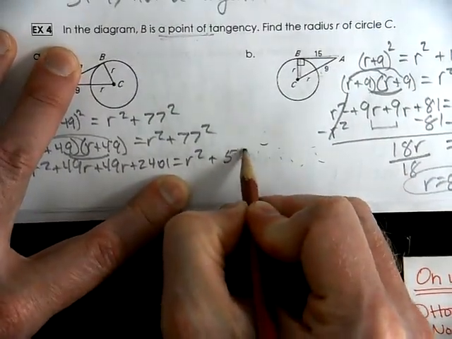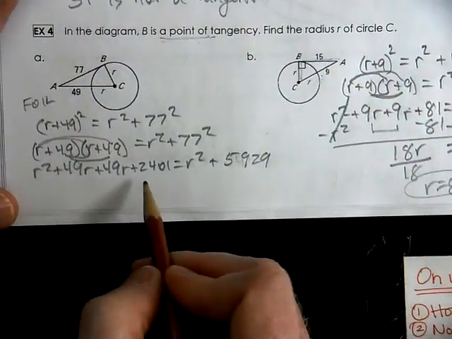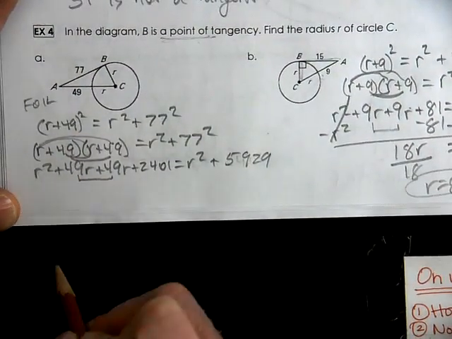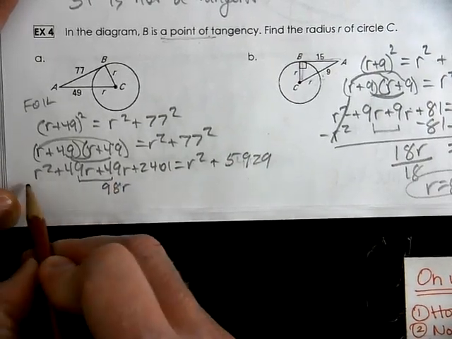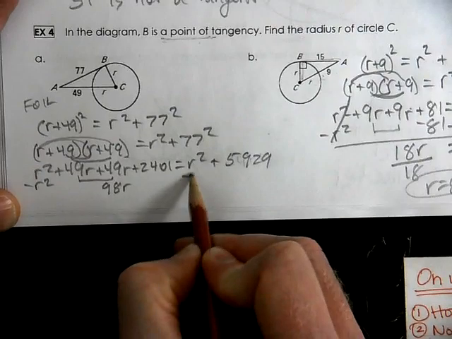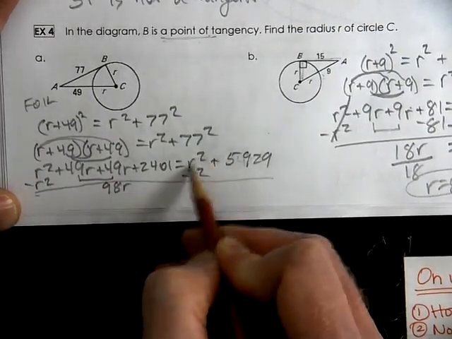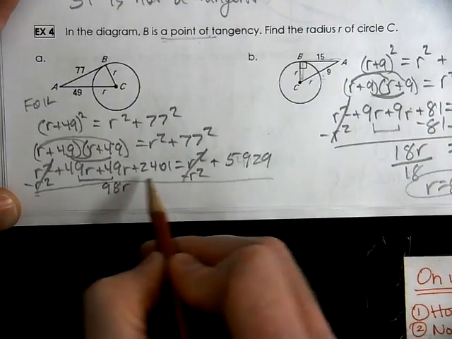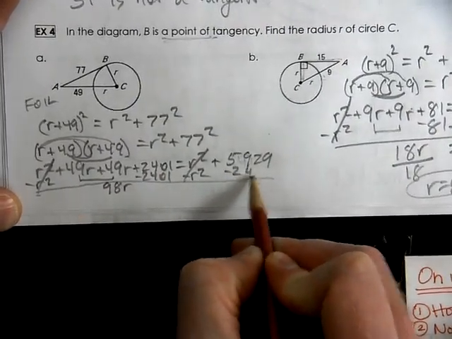And 77 squared. So just like we did in the previous problem, we start to collect like terms. Here we get 98R because they're on the same side of the equal sign. Here they're on opposite sides of the equal sign, so we're going to subtract those.